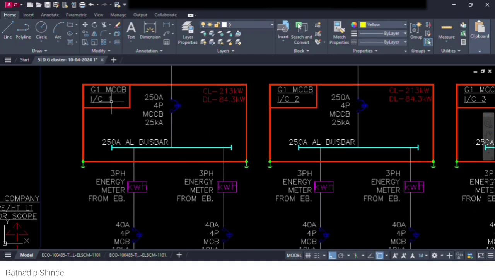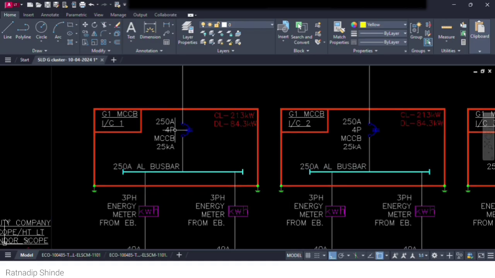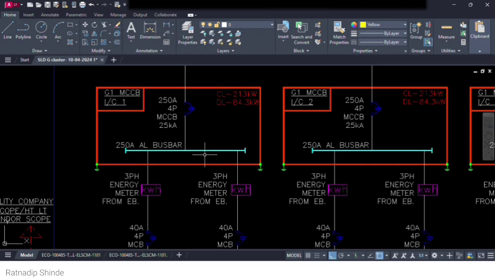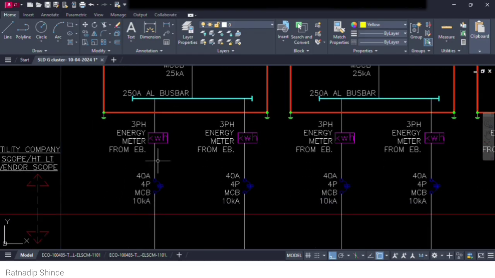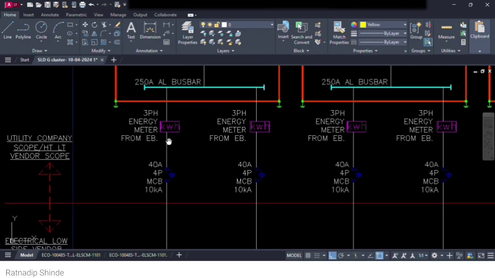Now it's going to an MCCB panel, a horizontal panel. The incoming first goes to the 250 ampere 4 pole MCCB, molded case circuit breaker. Again there is an aluminum bus bar, and from the bus bar the outgoing goes to the 3-phase energy meters. These are the individual residents' meters, 3-phase energy meters.